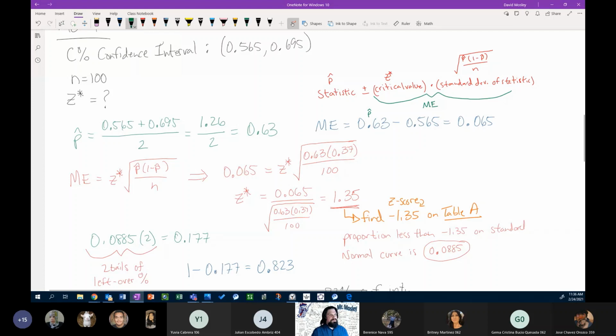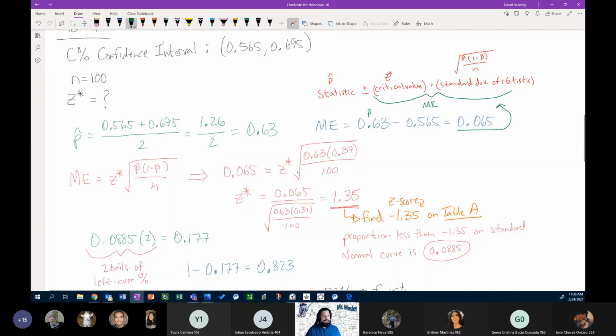So when I subtract 0.565 from p hat, I get the value of the margin of error. This is good. Now I can move forward. I have margin of error and I have p hat. I know that margin of error is equal to Z star times my standard error. I can now solve for Z star.